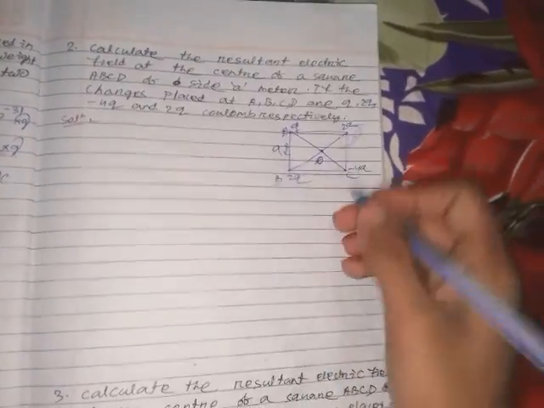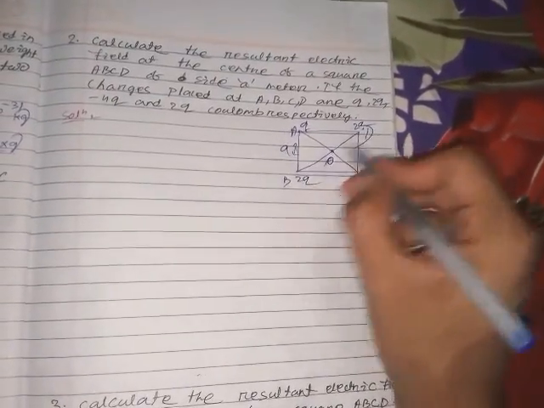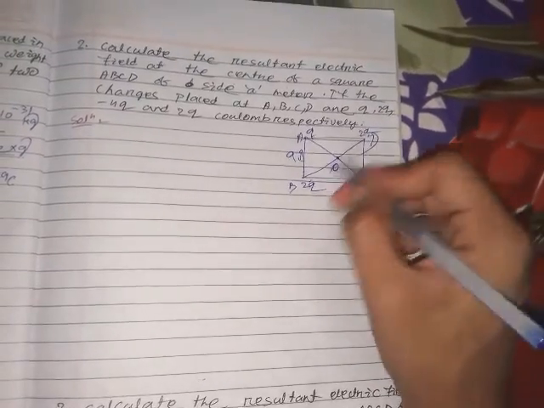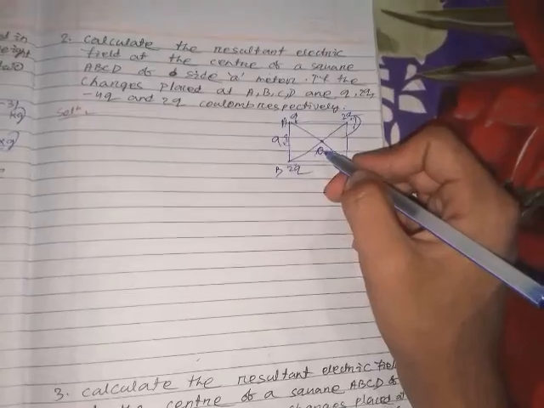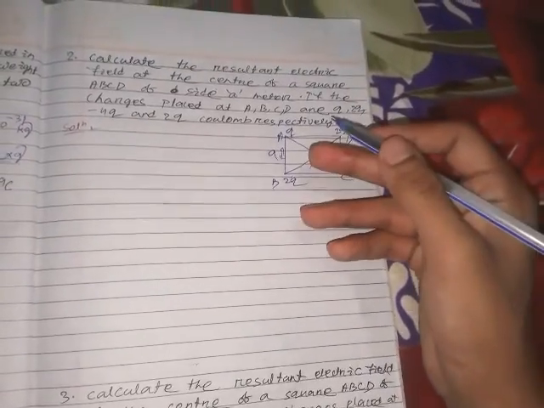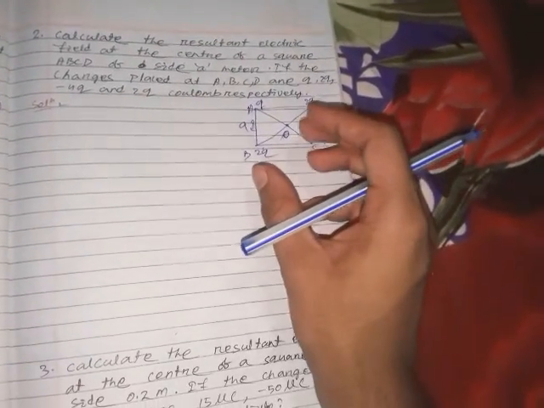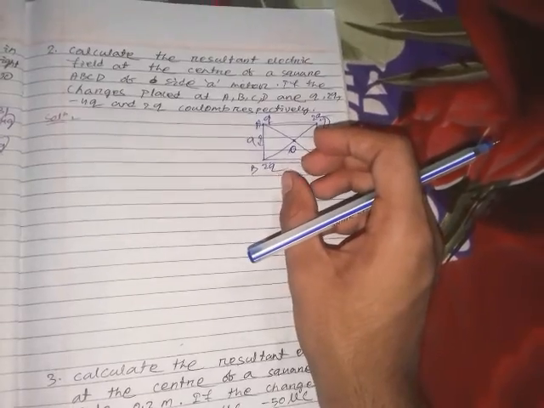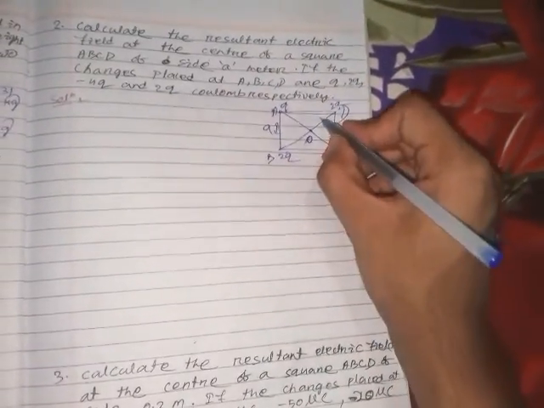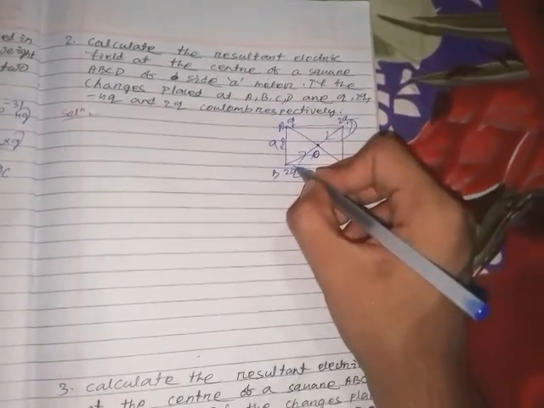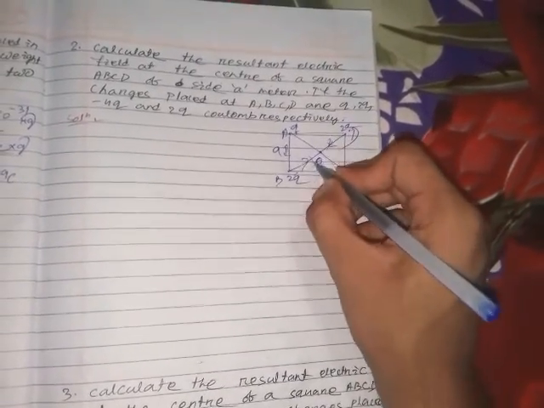So here the same sign charges are given. 2Q and 2Q are the same charge, plus charge and plus charge. Same charges always repel each other. So 2Q and 2Q are cancelled.